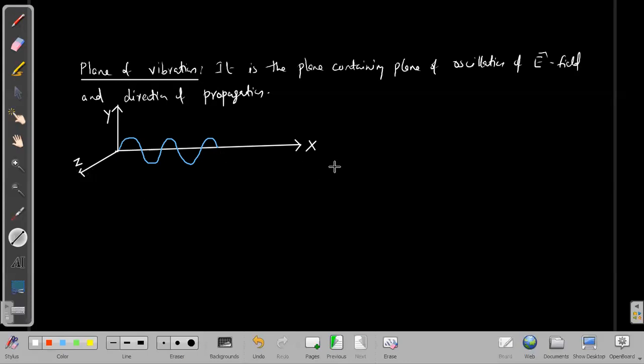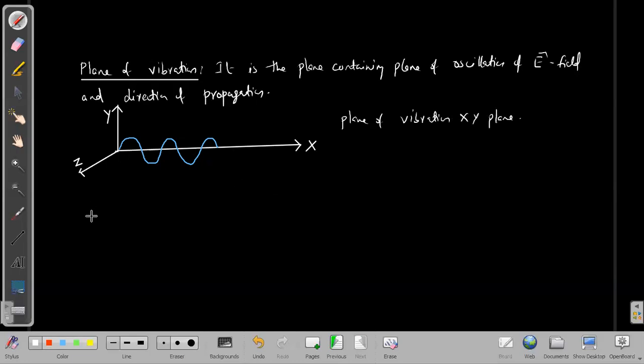So what is the plane of vibration here? The electric fields are oscillating along the y direction, and the direction of propagation is along the x direction. So obviously the plane of vibration in this example is the xy plane.